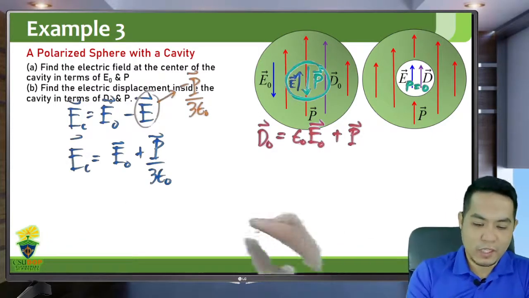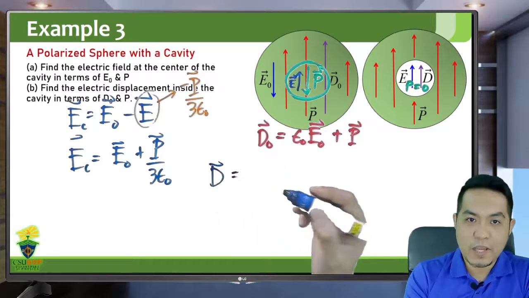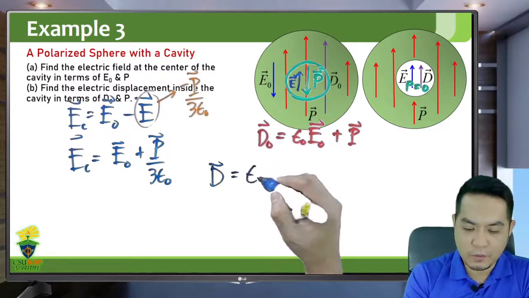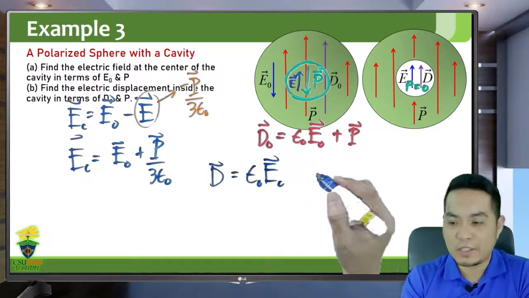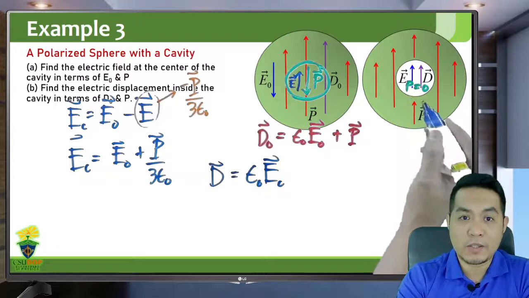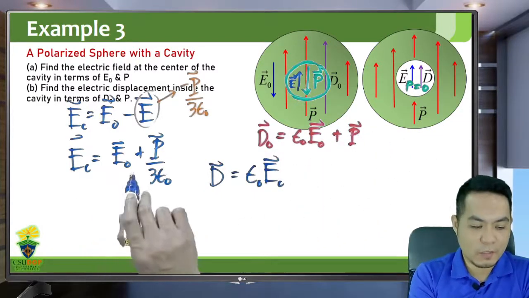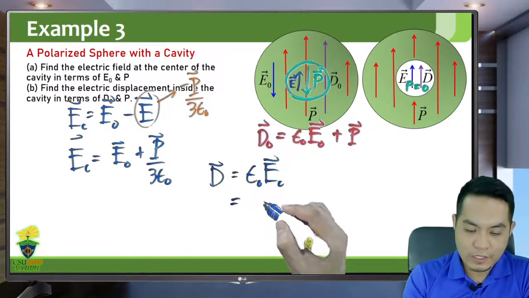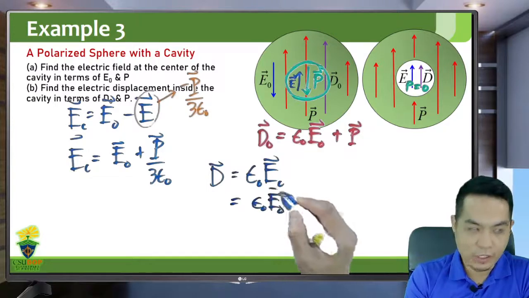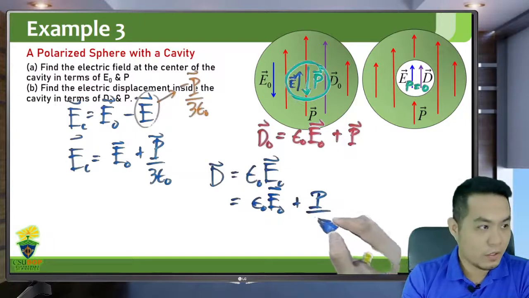How about the electric displacement? The electric displacement will just be epsilon naught times the electric field at the cavity plus the polarization at the cavity. In this case, there is zero polarization at the cavity, so plus 0. So just multiply this by epsilon naught, and you will get epsilon naught E naught plus P over 3.